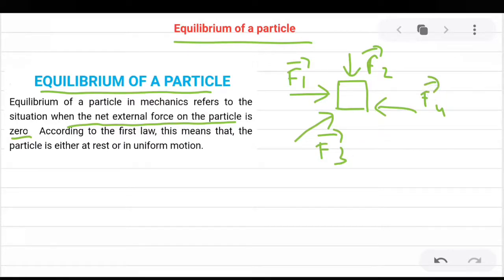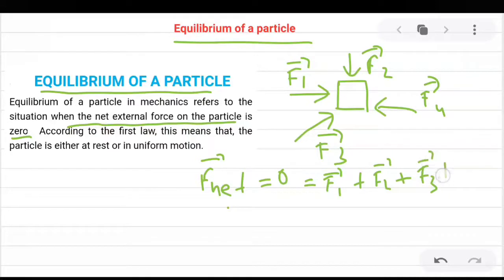Now if the net force acting on this is zero, that is F net is equal to F1 plus F2 plus F3 plus F4, this is all vector sum. So if the resultant force or the net force on this body is zero, then we will say that the body or the particle is in equilibrium.